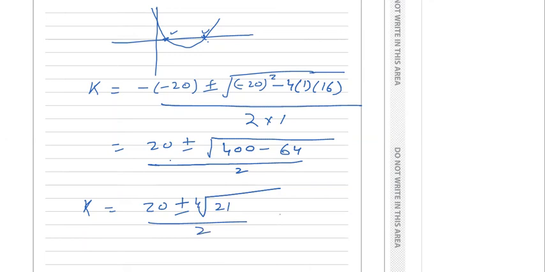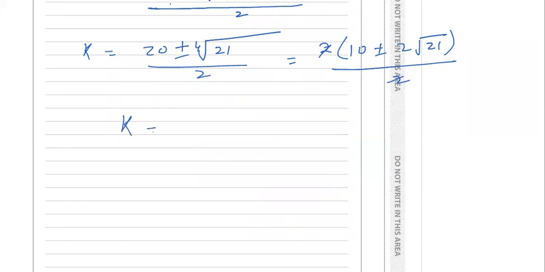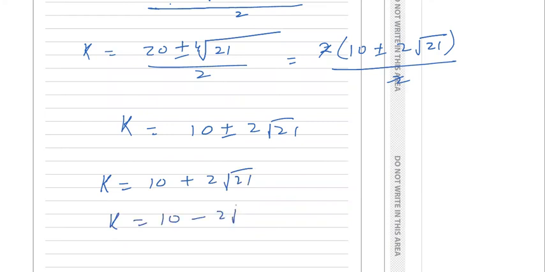I can take common 2 from here, so that will be 2 into 10 plus minus 2 square root of 21, over 2. So that will give me k equals 10 plus minus 2 square root of 21. It means there are two values of k: k equals 10 plus 2 square root of 21, or k equals 10 minus 2 square root of 21.